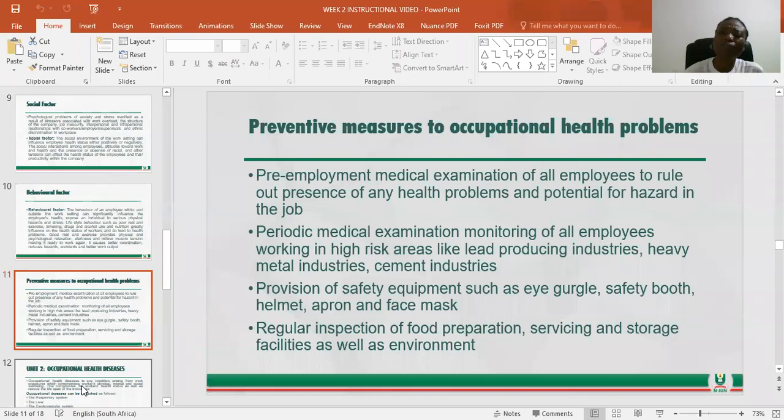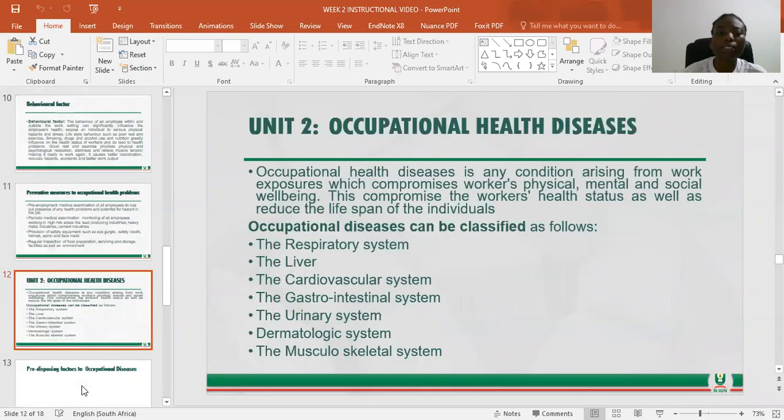Because at the end of the day, you wouldn't want someone to be retired and be spending money on his health. So we've looked at occupational health problems.